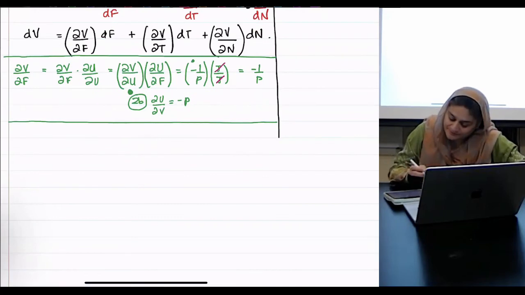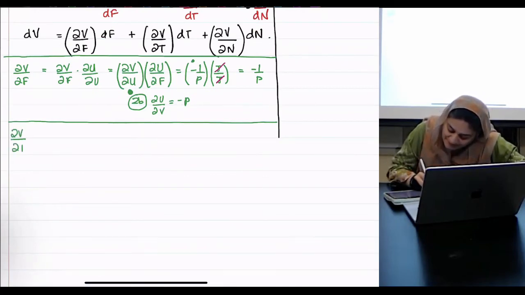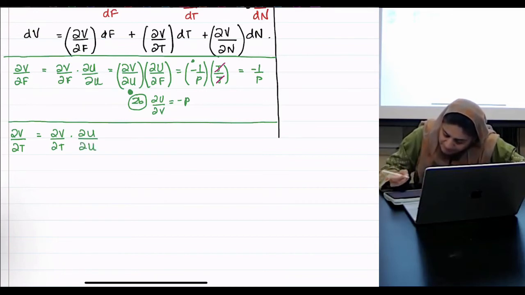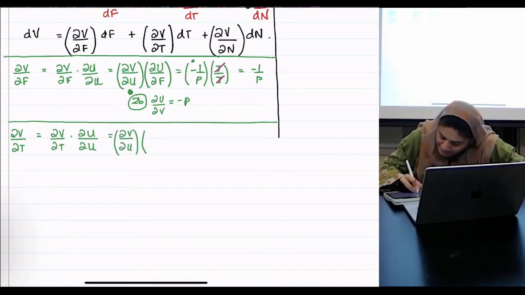Okay, next one. I'm worried about partial V over partial T. Again, may I write this as partial V over partial U and partial U over partial T?